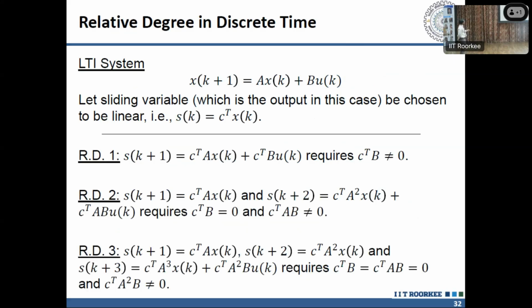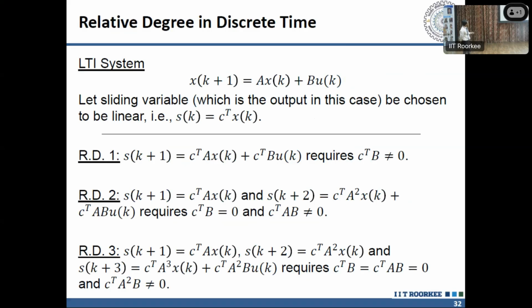Here is an example of the relative degree for an LTI system. For this sort of LTI system, if you take a linear surface and compute s_{k+1}, you will see from the system that we get C^T A x_k plus C^T B u_k. If s_k has to be relative degree 1, that means u_k must appear in s_{k+1}.